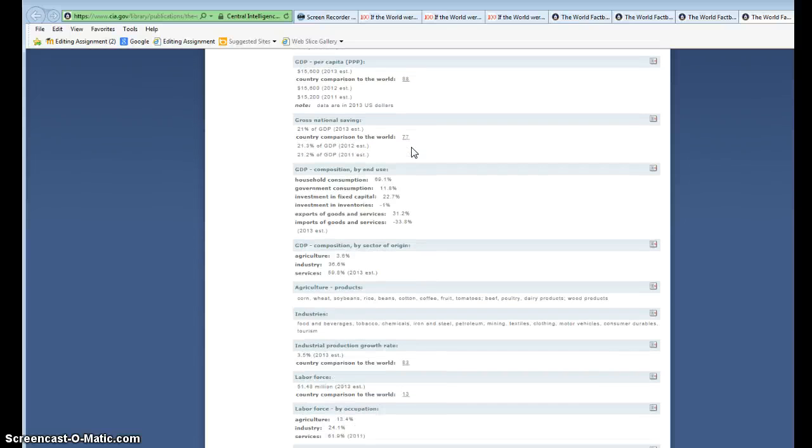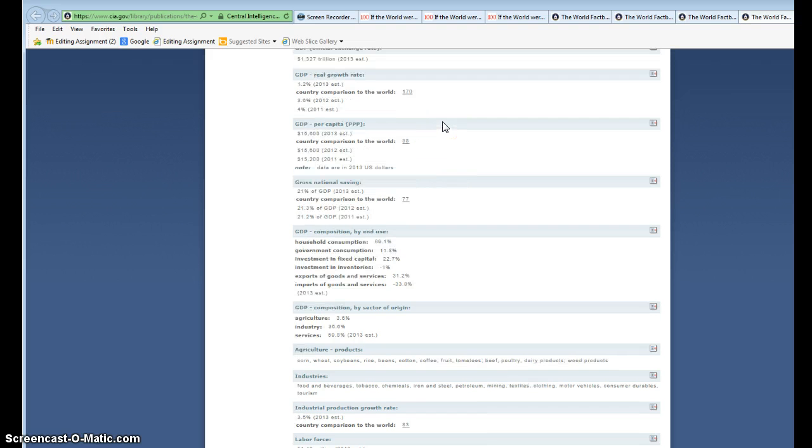So to do that, we can scroll down and look at GDP per capita, which means gross domestic product per person. And the way that number is derived is by taking the GDP of the country and dividing it by the population. Let me digress for a minute and talk about PPP.